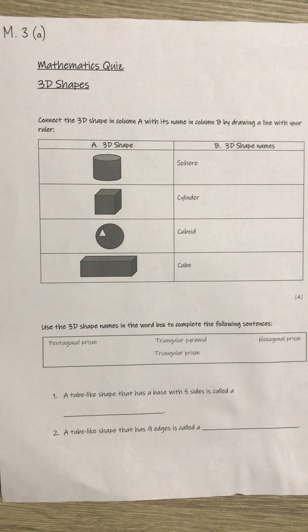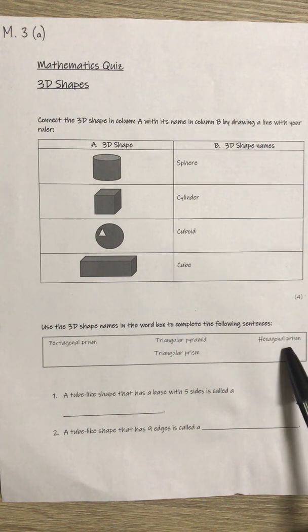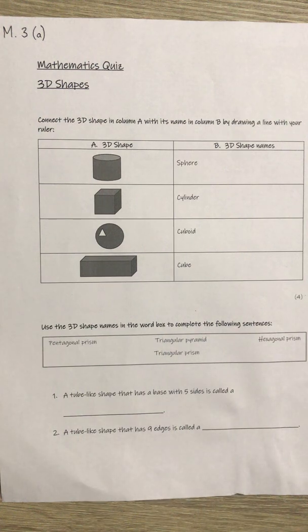A tube-like shape that has a base with 5 sides. There you have the beginning of your answer. Is called a what? Is it called a pentagonal prism? Is it called a triangular pyramid? Is it called a hexagonal prism, or is it called a triangular prism? Write down the answer.